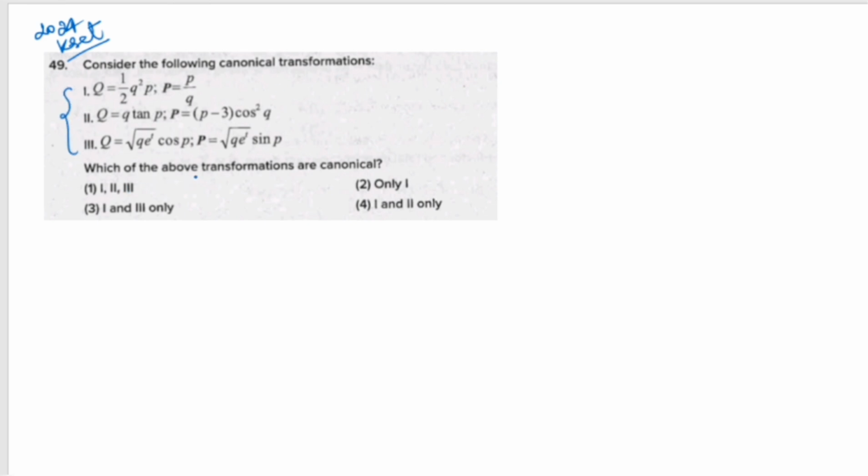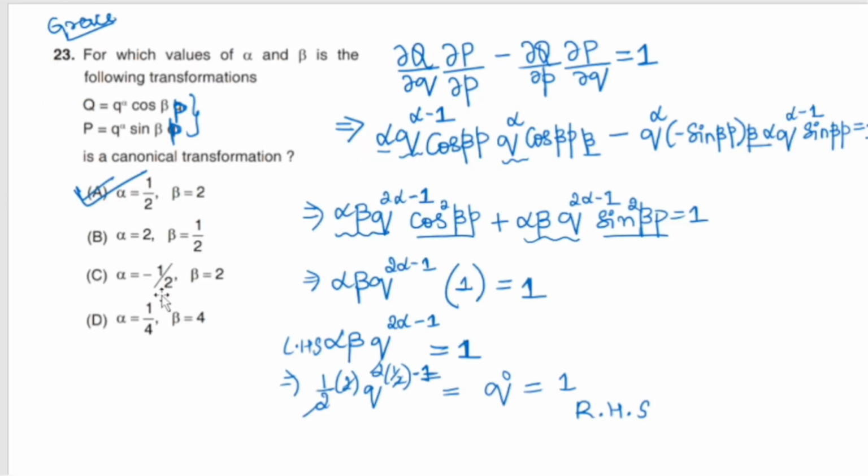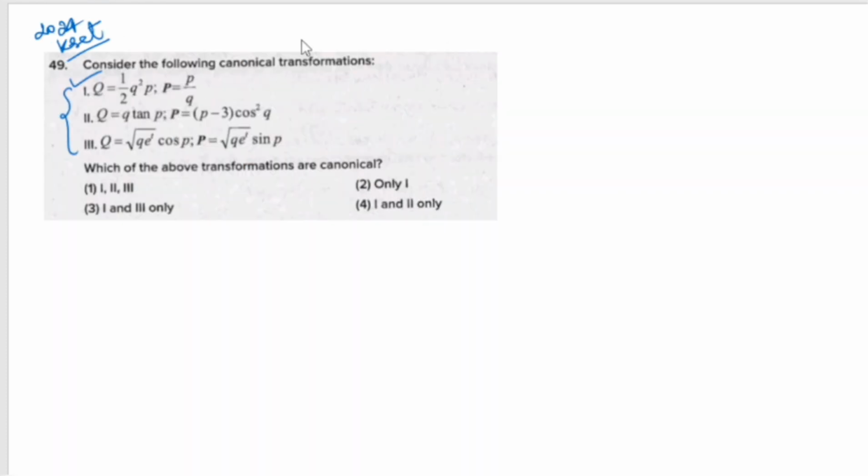We need to find which of the above transformations are canonical. See, let us take them first. First one. This problem was also similar, right? Like this only we need to do that problem also. So shall we do that problem? We'll solve one option, and we will get to know where they have gone wrong.